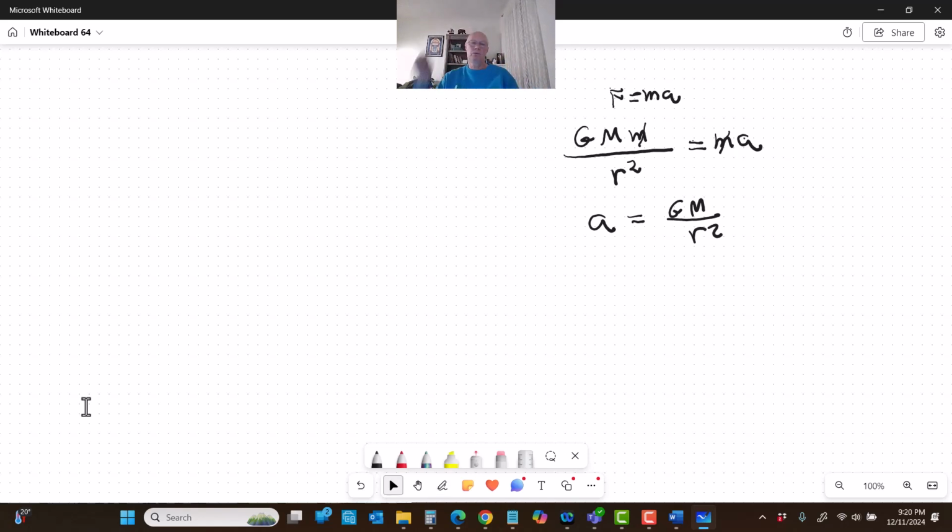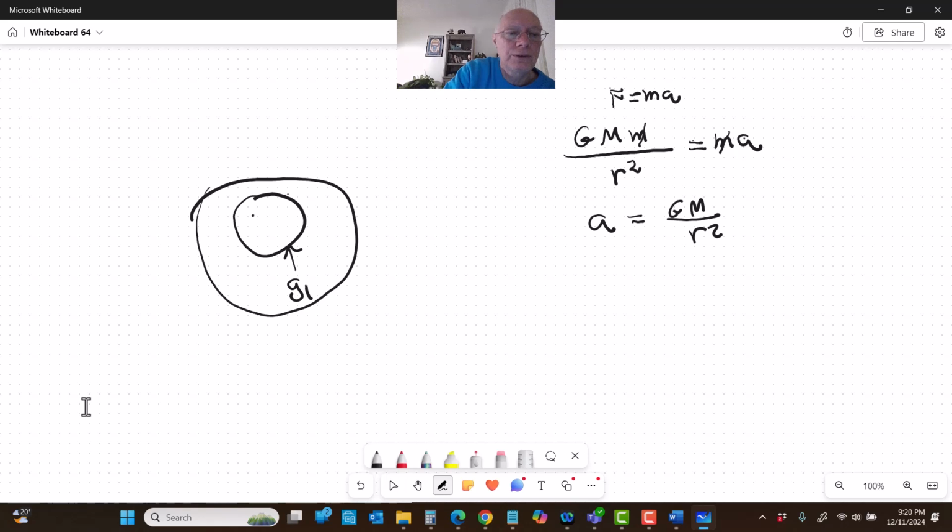Now, let's say we're looking at two different radii of orbit. Okay, you can be on the planet, and that has an acceleration of gravity g1, let's call it. And then you go to some other distance, so that's r1, I'll say, and then this is r2.